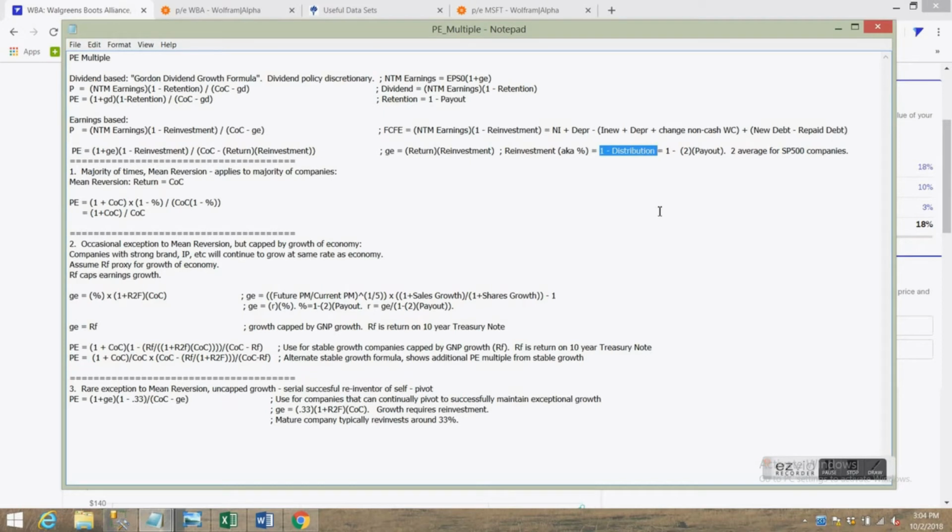When you hear the terms reinvestment and distribution, you're talking about cash flow. And in fact, some people listening may be familiar with the concept of free cash flow to the equity holders, which has a very specific definition, but in general you can think of it as just the earnings times 1 minus the reinvestment rate.